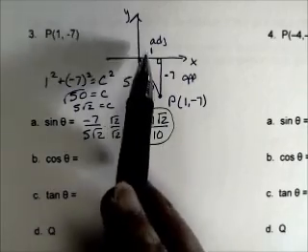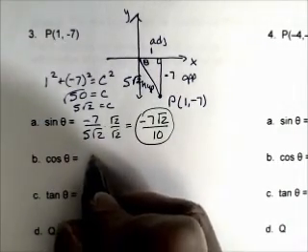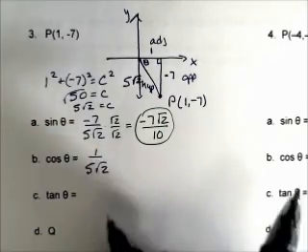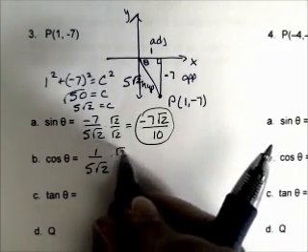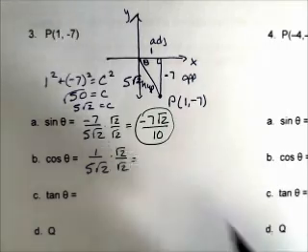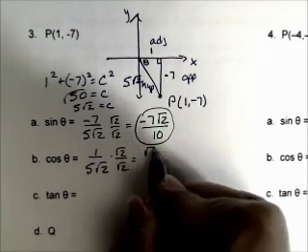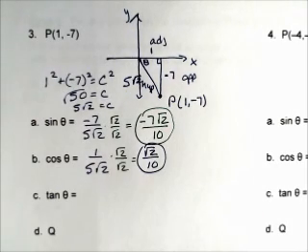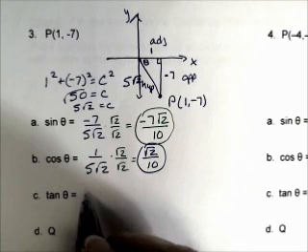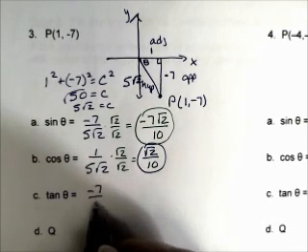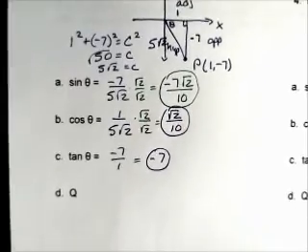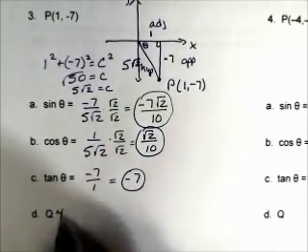Cosine of theta is adjacent over hypotenuse, 1 over 5 square root of 2. Again, rationalizing the denominator will yield square root of 2 over 10. And the tangent of theta is opposite over adjacent, negative 7 over 1, which is simply negative 7. And we said before that we are in quadrant 4.